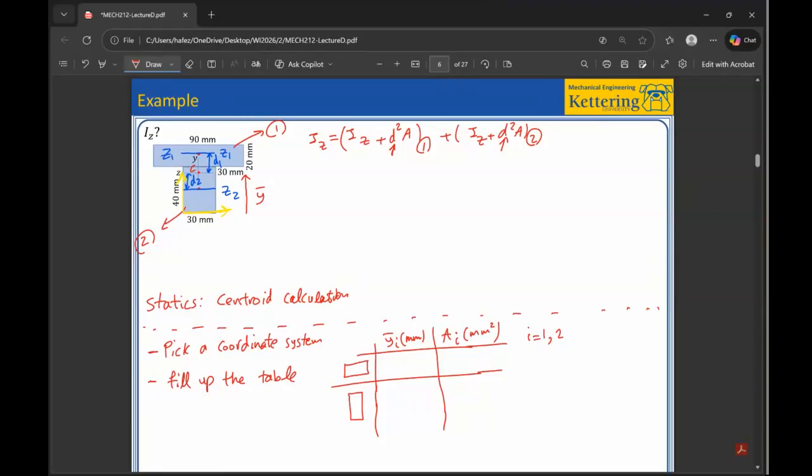All right, so y bar i basically means this, with respect to the yellow coordinate system that we put there. Volunteer, give me the y value of the centroid of piece 1.